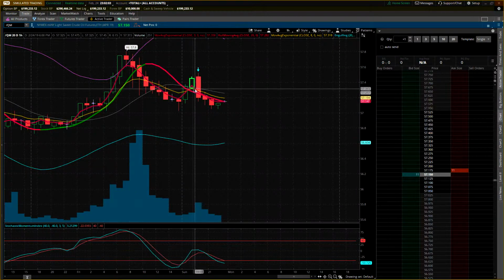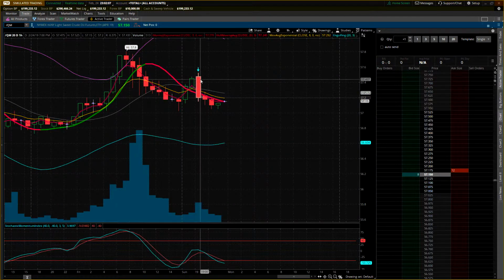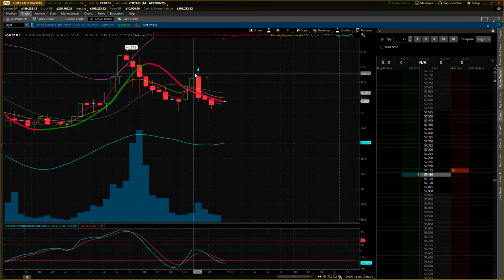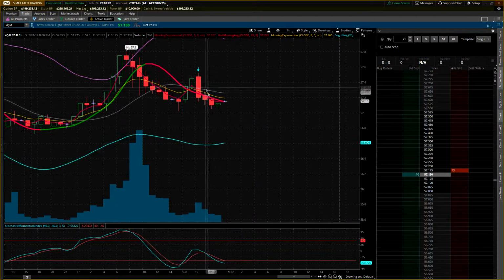So we call this a 3 outside down, okay? So these 3 candlesticks together are significant. They're usually a fairly decent indicator that the trend is going down. It just helps confirm a lot of things, right?